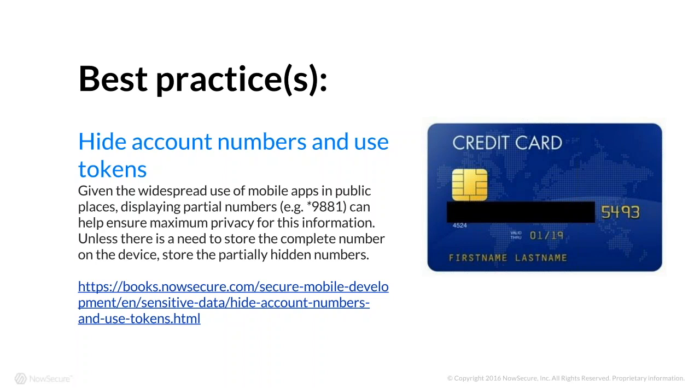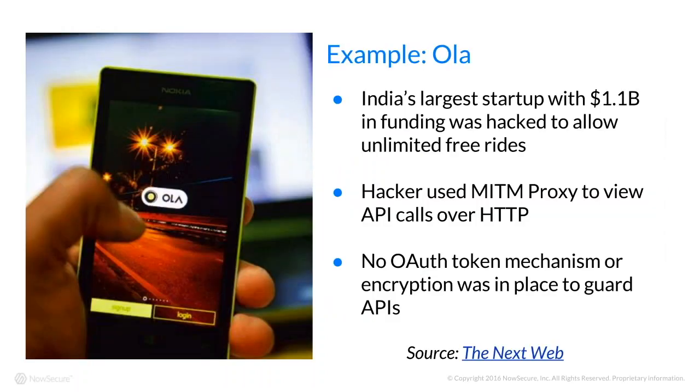But the example I'd like to share talks about how a mobile app failed to secure communication, but then also led to authentication issues. The example I have here today is Ola Cabs. Ola Cabs was Uber's biggest competitor in India with over 150,000 bookings a day via their mobile app.